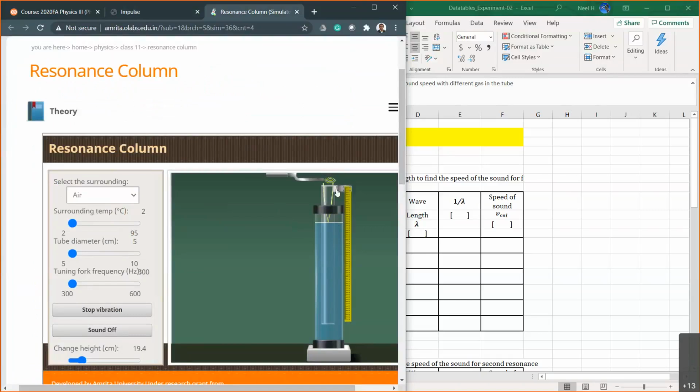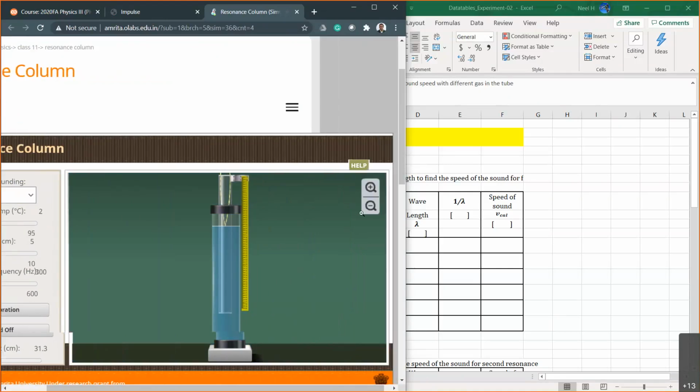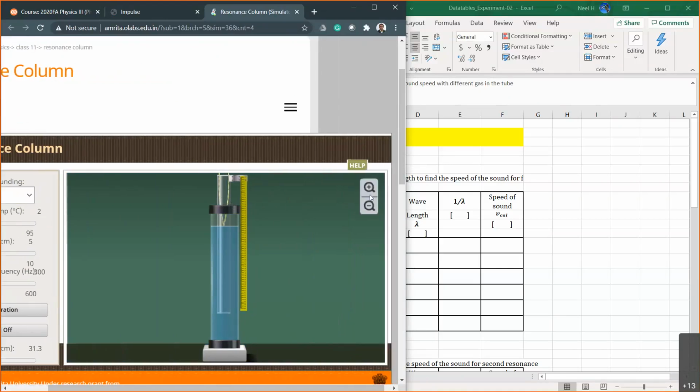After you hear the first resonance, if you continuously increase the length, you can see that the resonance now disappears. So you continuously increase this length more and more in the upward direction. Bring it down to the first resonance, and then continuously go up and see whether I can get the second resonance. Okay.